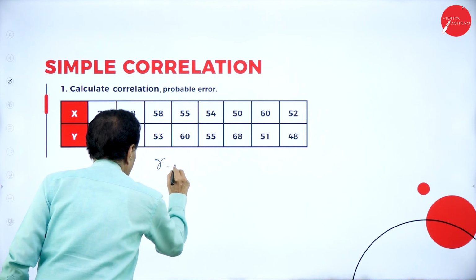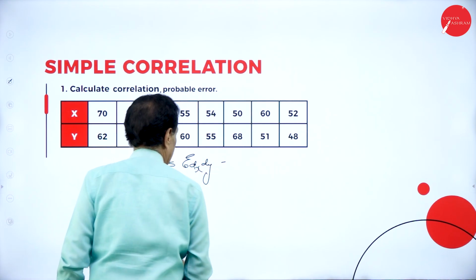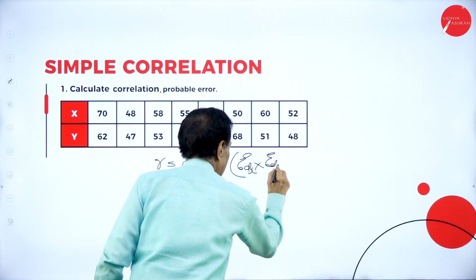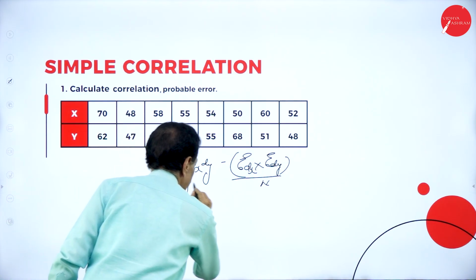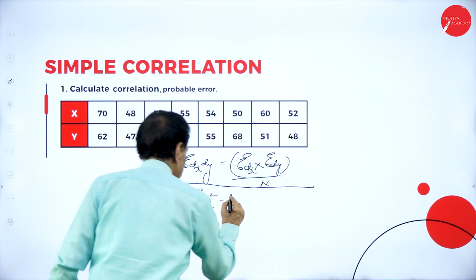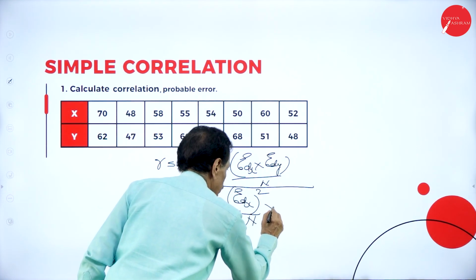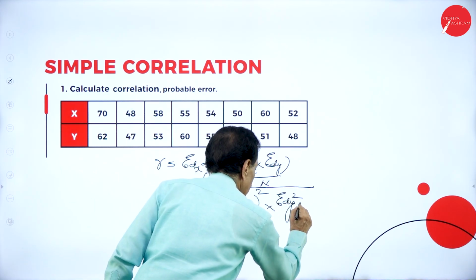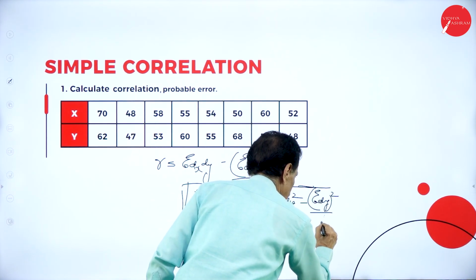R is equal to sigma dx dy minus, in the bracket, sigma dx into sigma dy, divided by n, divided by root of sigma dx square minus sigma dx whole square divided by n, into sigma dy square minus sigma dy whole square divided by n.